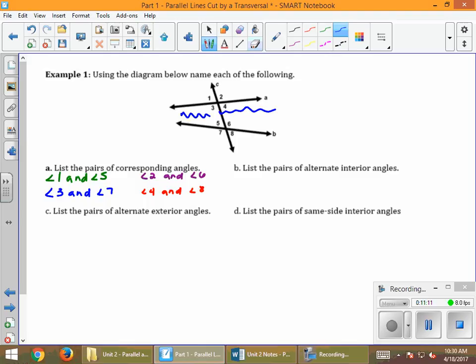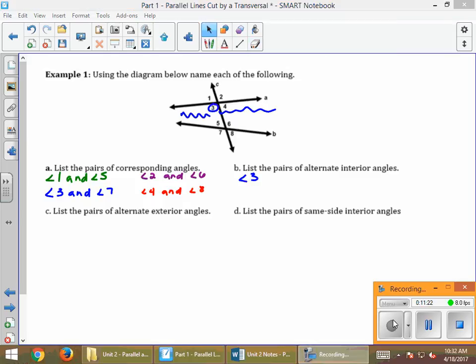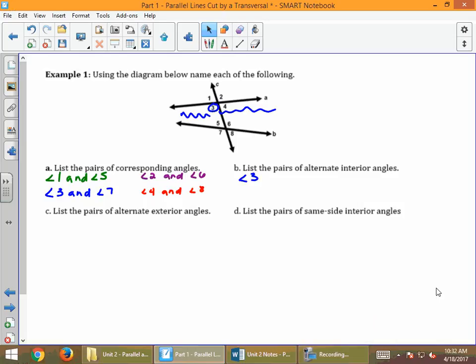So alternate interior, they're inside and opposite. So I'll start with, and it doesn't matter which one you start with, I'm going to start with angle 3. We're starting with angle 3, and we're trying to find angle 3's alternate interior angle. So you're going to go on the opposite side of the transversal.